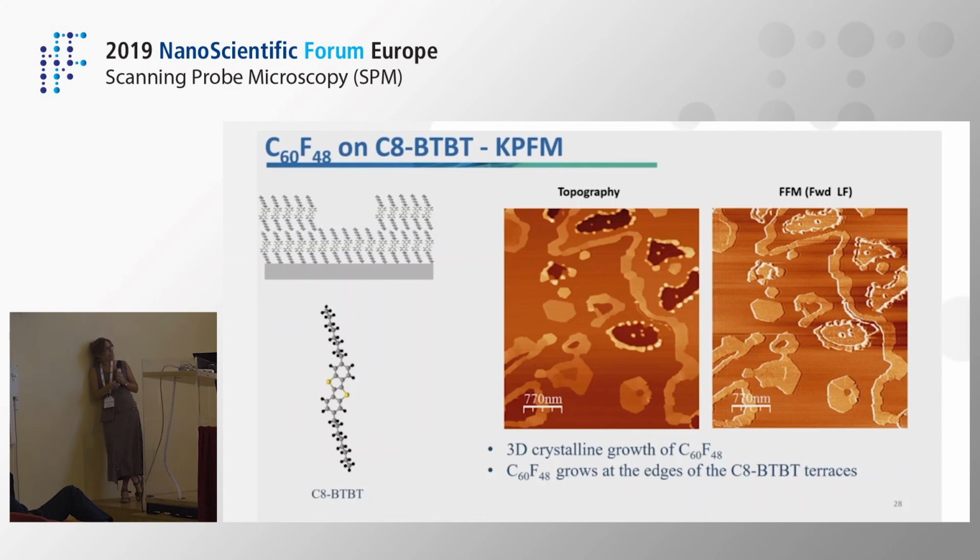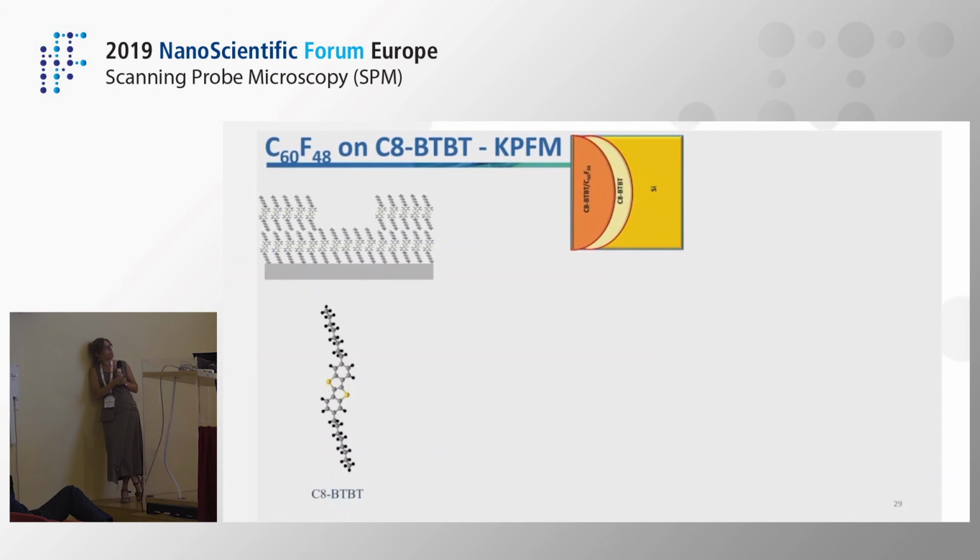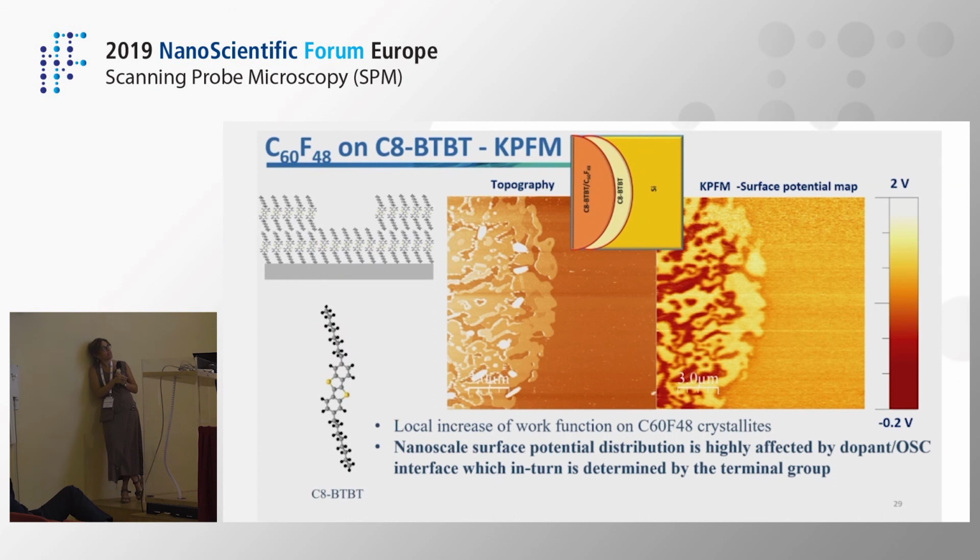Now, this nanoscale morphology is reflected in the local work function. In this case, we were using a grid to pattern the surface, leaving some uncovered silicon. And this is the surface potential image. So this is the silicon and the silicon dioxide. This is the BTBT-C8, and these are the areas covered by the dopant.